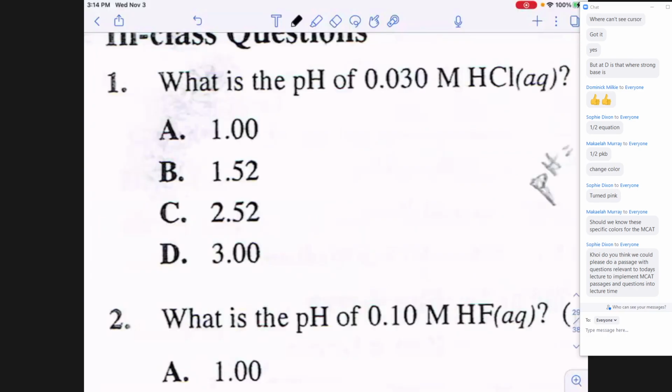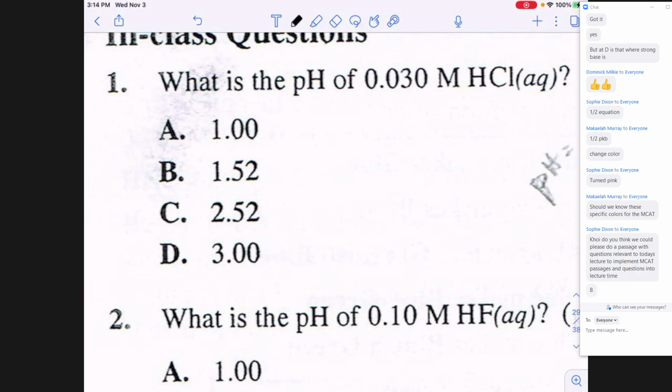Remember to write that in scientific notation. That's 3 times 10 to the negative 2. Then you can take the negative log of it, and you can calculate for everything.